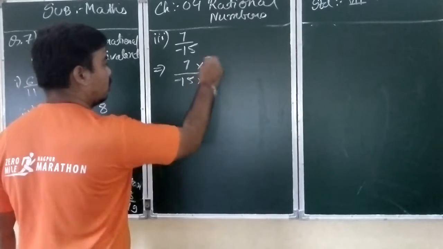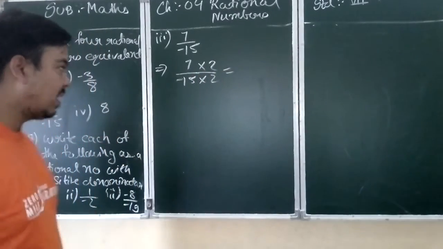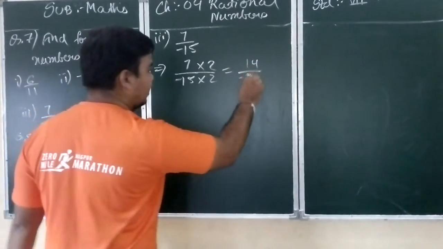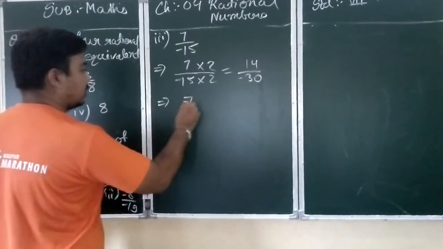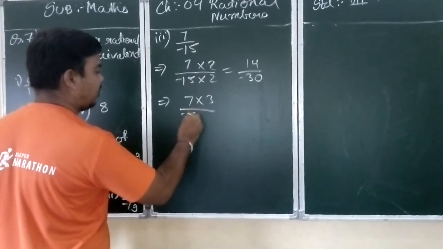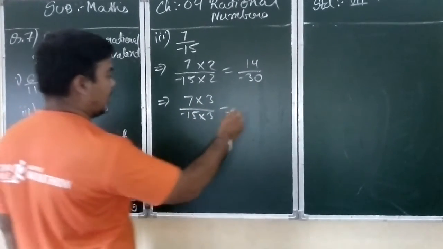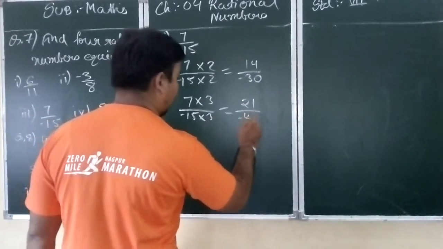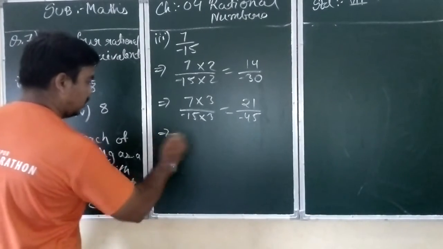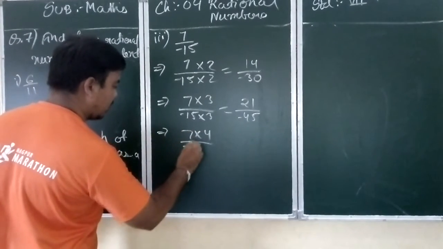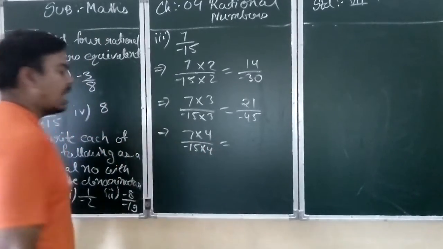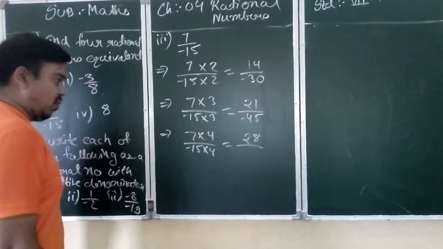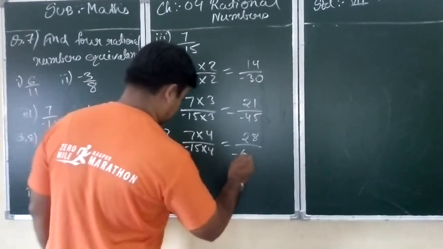Multiply by 2: both numerator and denominator multiplied by 2. 7 into 2 is 14, minus 15 into 2 is minus 30. 7 into 3 is 21, minus 15 into 3 is minus 45. 7 into 4 is 28, minus 15 into 4 is minus 60.